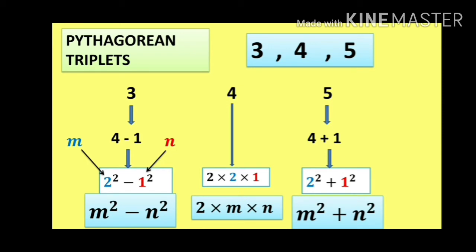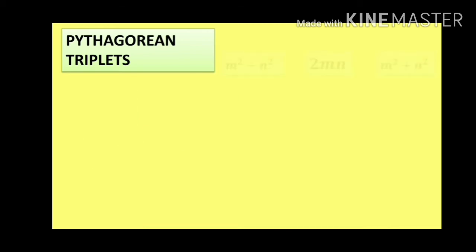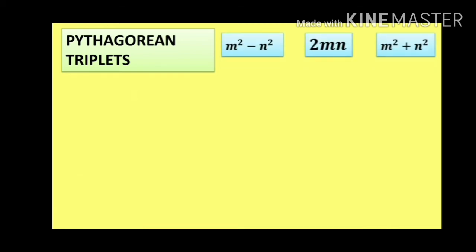Now 2 into m into n can be written as 2mn. Now this is another condition for a Pythagorean triplet. So a Pythagorean triplet can be of this form also, that is m square minus n square, m square plus n square and 2mn. The condition is m should always be greater than n.